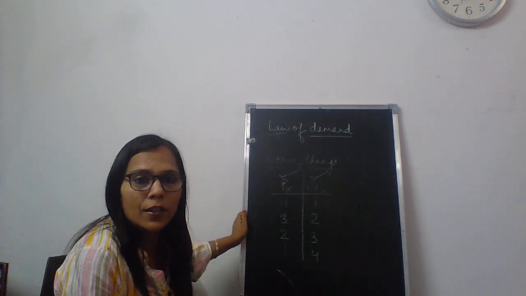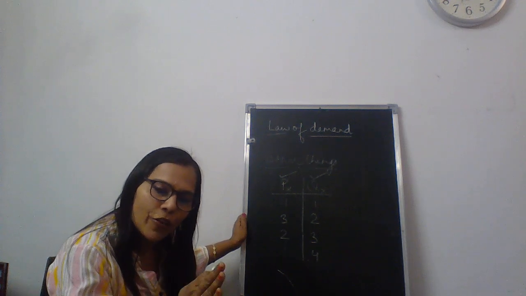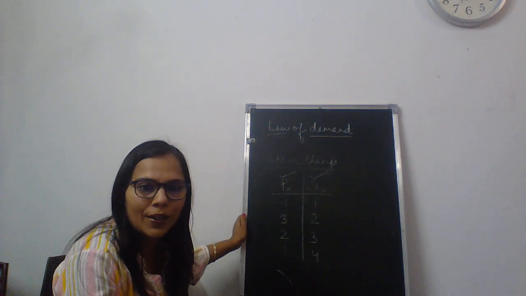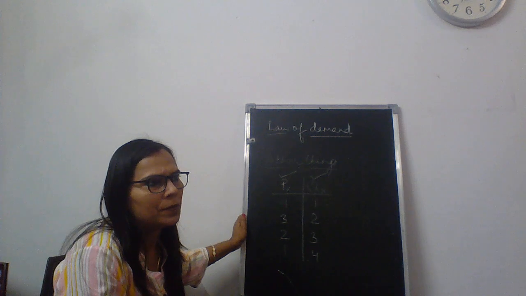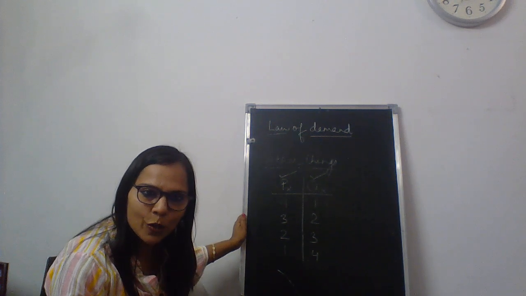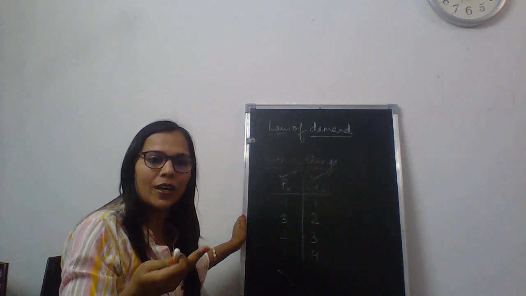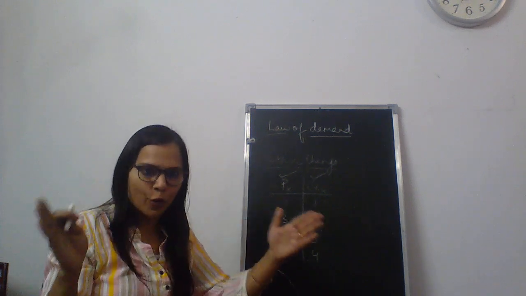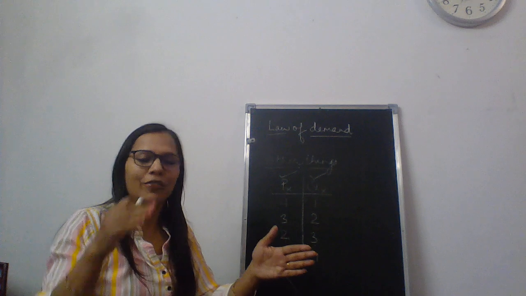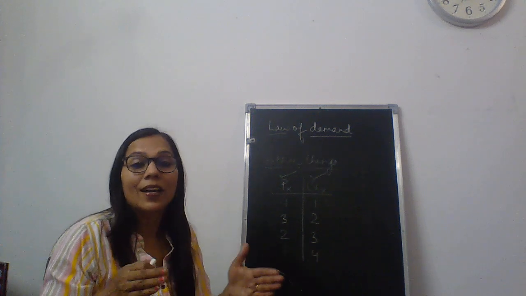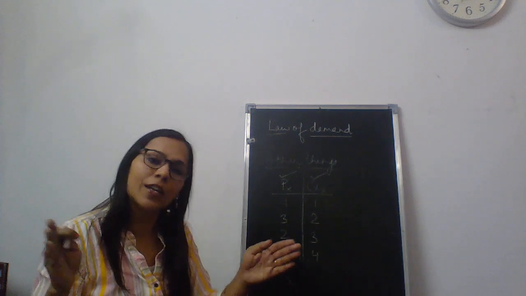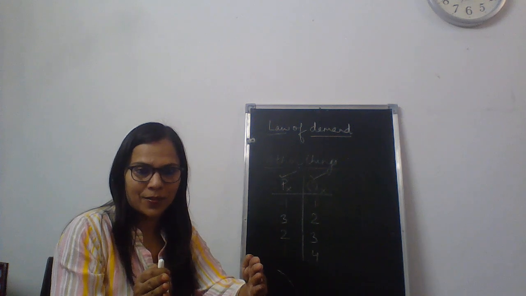There are many other factors which affect demand for a commodity. For example, income of the consumer. If the income increases, definitely he or she will demand more of products. And if the income decreases, definitely he or she will demand less of products.